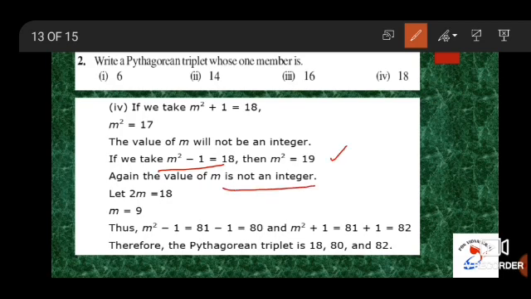Again the value for m is not an integer. So you have to consider 2m to be 18. So the value for m will be 9. Now m square minus 1, that is 81 minus 1, that is 80, and m square plus 1, that is 81 plus 1, that is equal to 82. Thus the Pythagorean triplet is 18, 80 and 82.